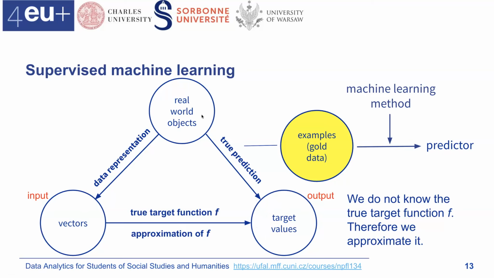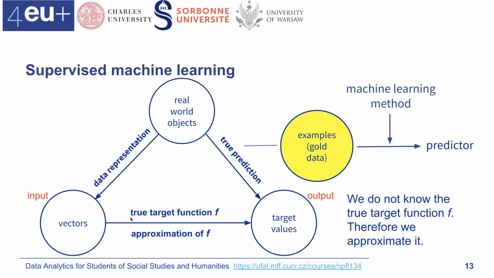When we prepare examples or the gold data, when we do manual labeling of emails, images, or novels, we do so-called true prediction. So we manually classify the real-world objects. But machine learning focuses on the relationship between inputs and outputs.